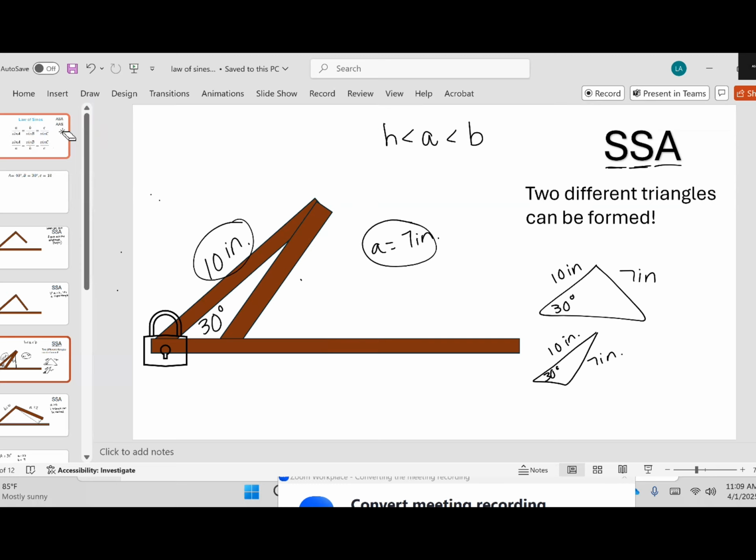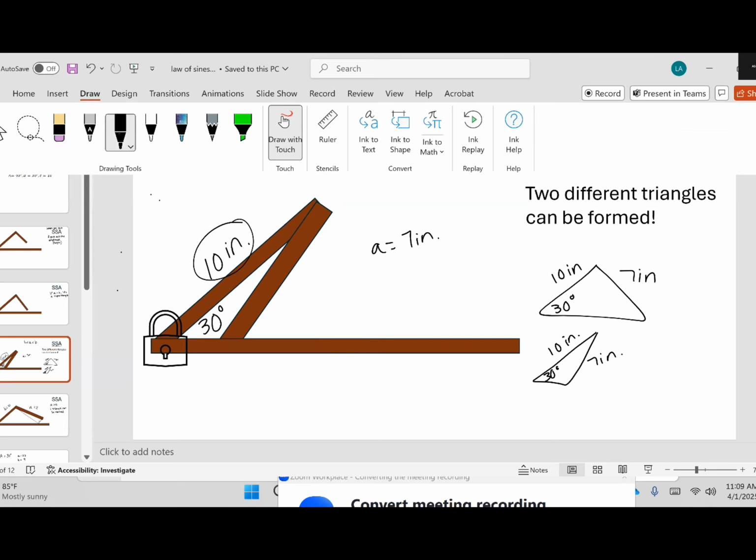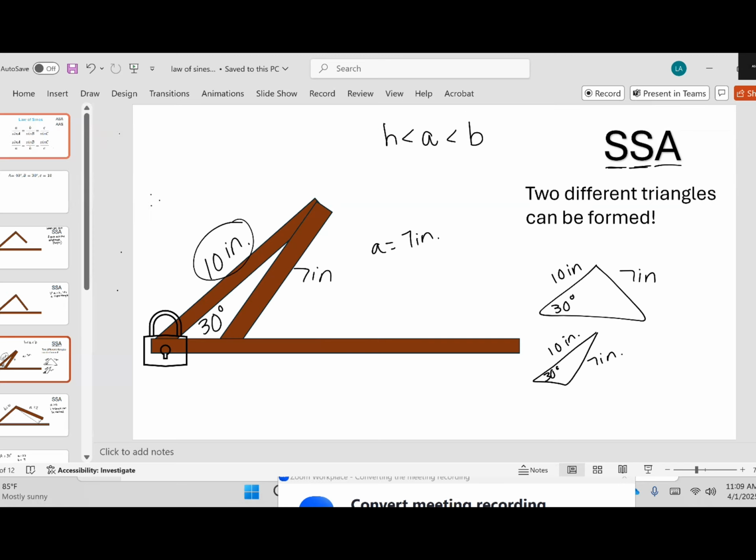So what I'm going to do, I know this is 7 inches. So if I want to figure out this side right here, I can do sine of 30 over 7 equals 10 over sine of b. This is b. And then put that into your calculator. Multiply by 10, multiply by 10.